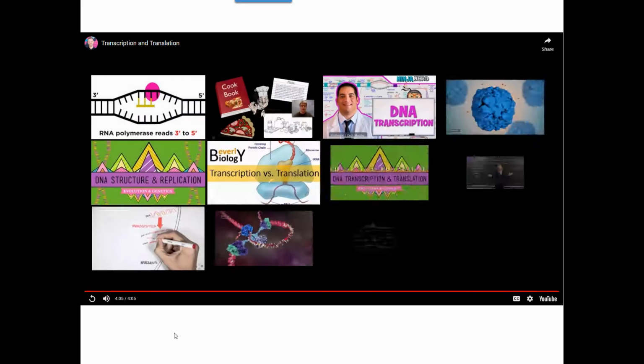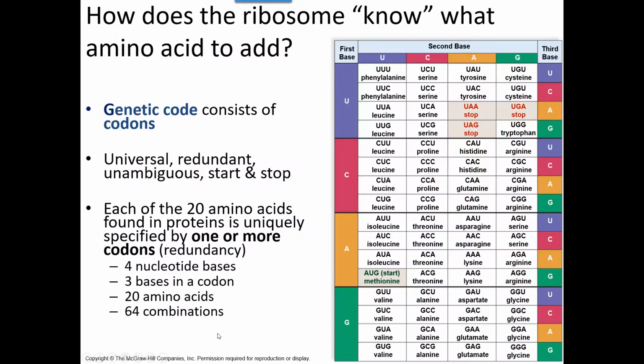So, just my last kind of little bits on how does the ribosome know what amino acid to bring in. Again, there are 4 different bases that are grouped together into groups of 3 letters. That's your codon. And each codon codes for a particular amino acid, and there's only 20 amino acids. So 4 different bases, 3 bases in a codon equals 64 different combinations, but there's only 20 amino acids.